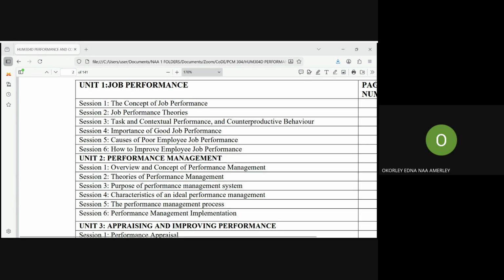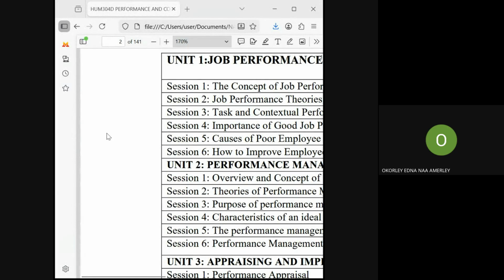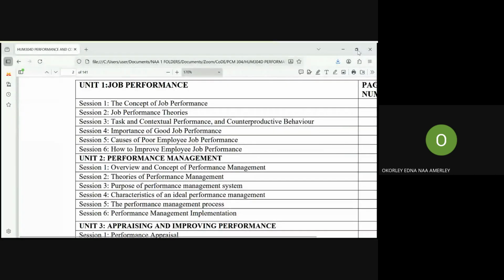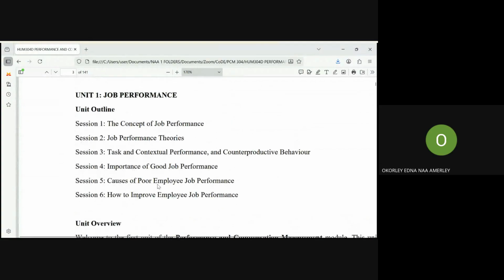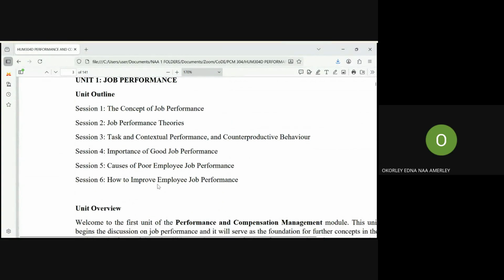And finally, we will look at how to improve employee job performance. Okay, so this is Unit 1, and this is the outline.